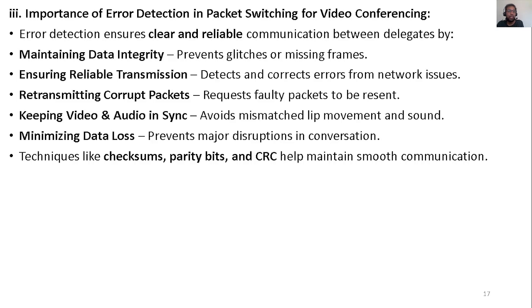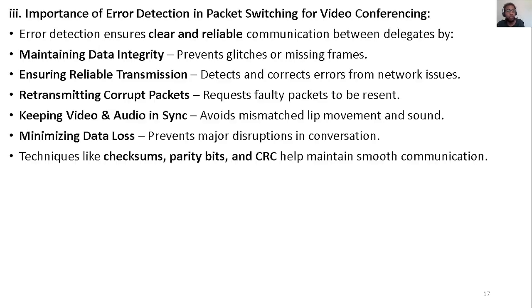Importance of error detection in packet switching for video conferencing. Error detection ensures clear and reliable communication between delegates. Maintaining data integrity prevents glitches or missing frames. Ensuring reliable transmission detects and corrects errors from network issues, retransmitting corrupt packets.